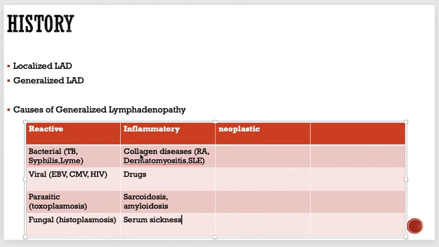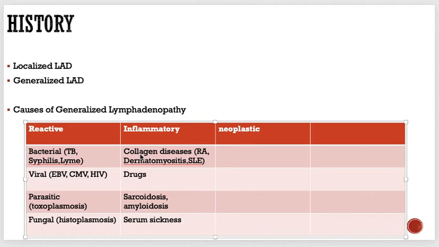So, what about the drugs? By the way, drugs are many. There's a long list. Lymphadenopathy can be a side effect of many drugs. Penicillins can give, sulfonamides can give, phenytoin can give, cephalosporins can give, allopurinol can give.